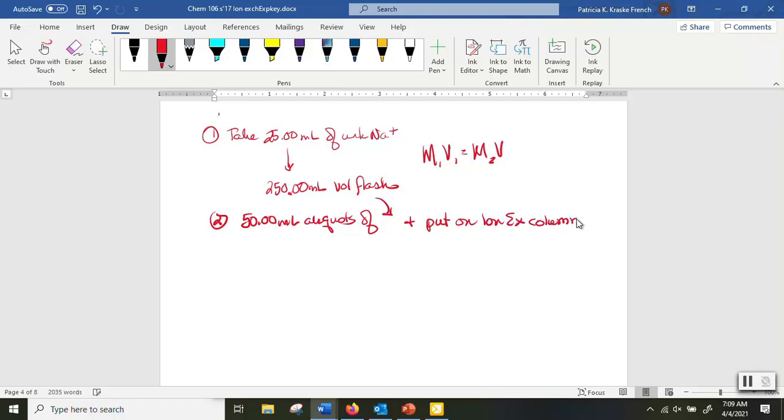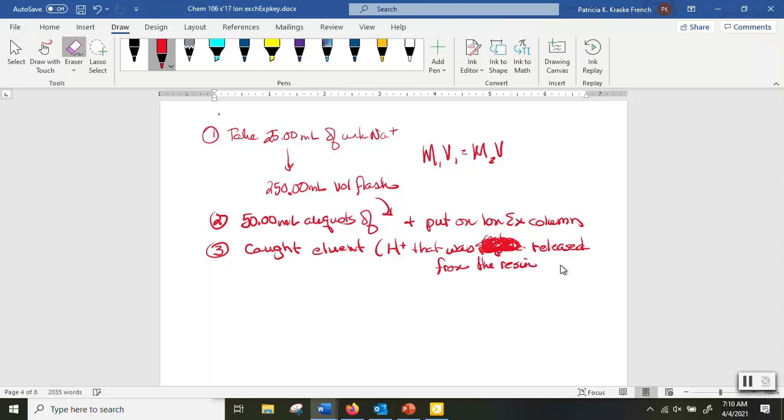And we let it drain, and we caught the eluent. The eluent was going to have the H+ that was released from the ion exchange resin by the sodium.